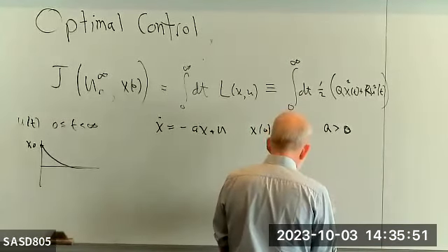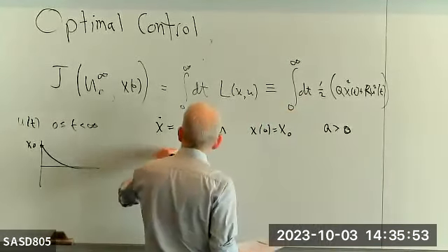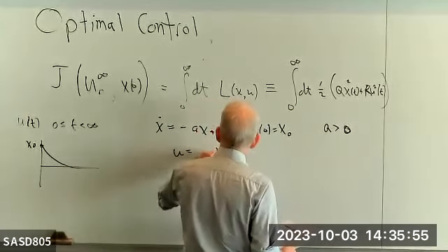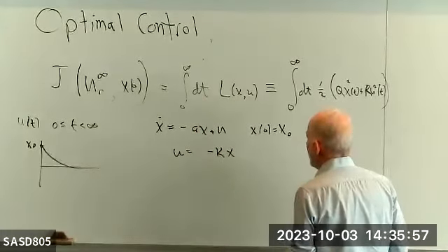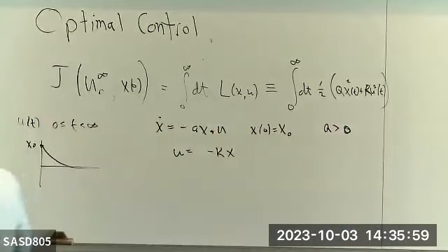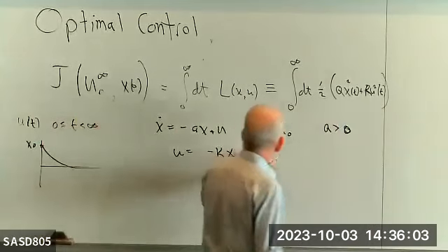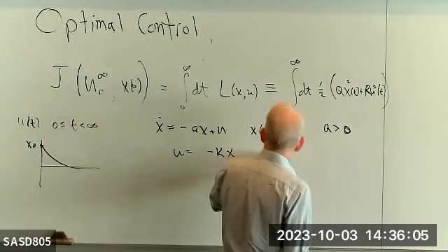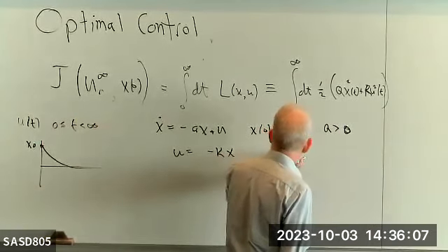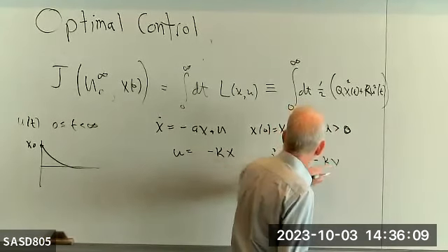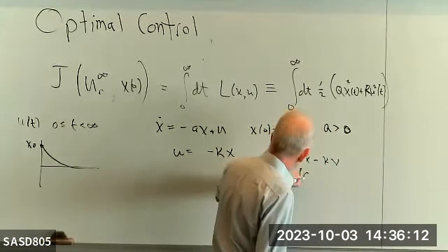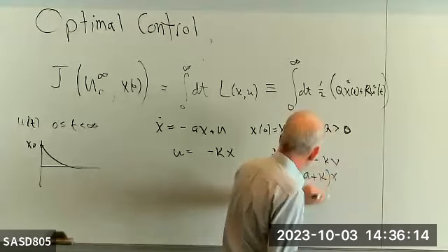if we choose, for example, u equal to minus kx, then x dot is minus ax minus kx, so it's minus (a plus k)x.